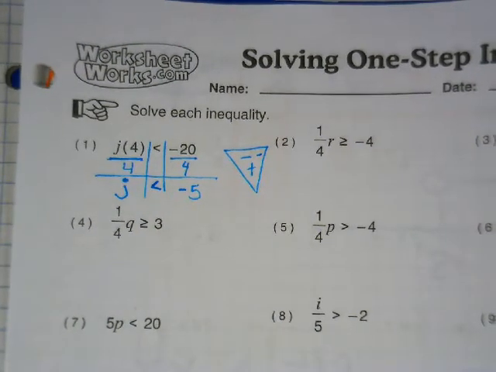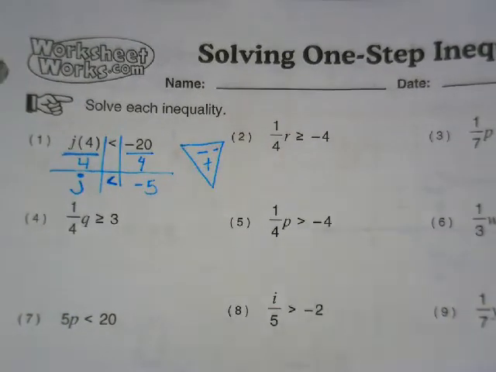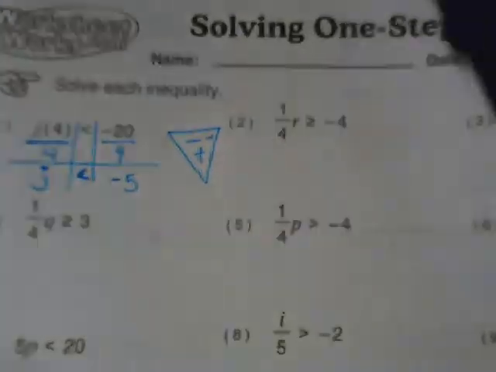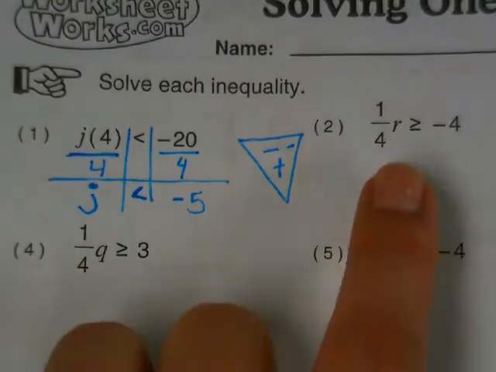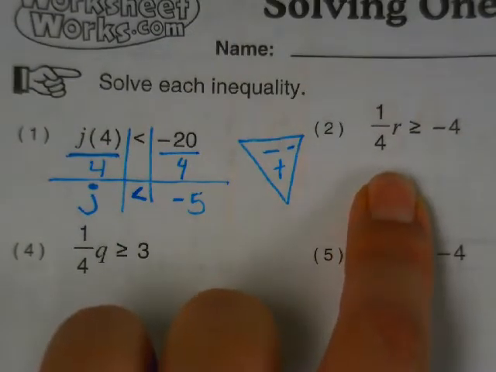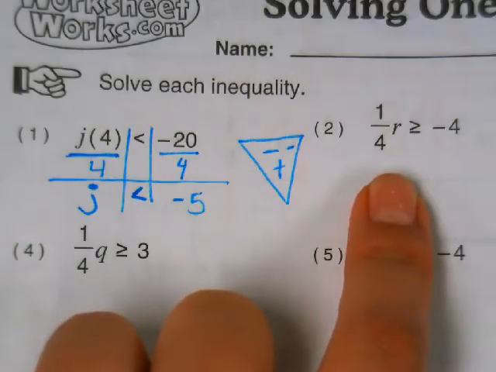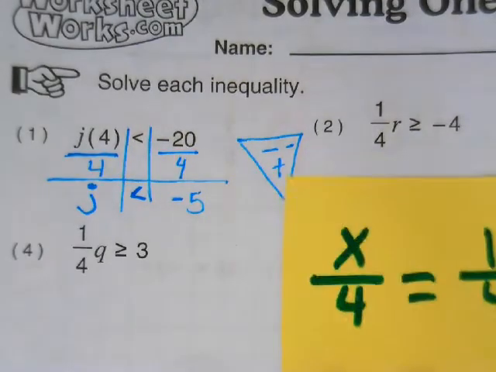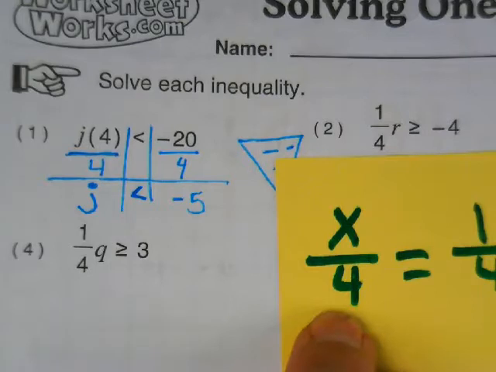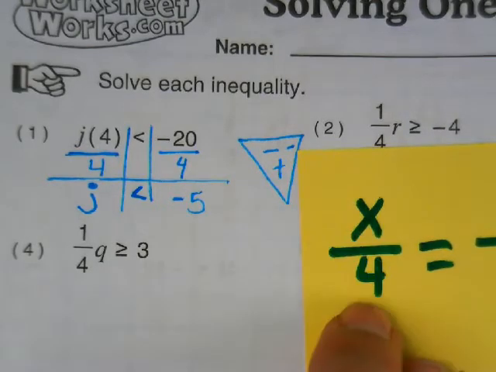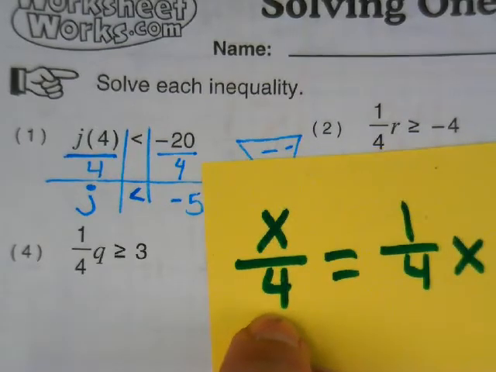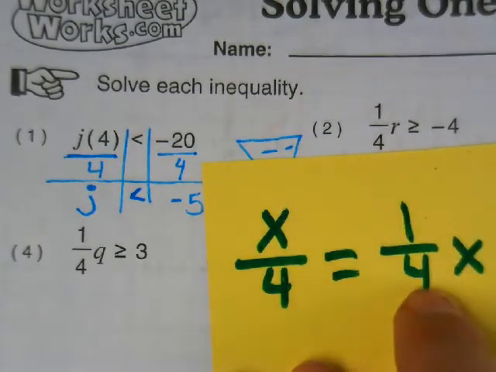All right, number 2. You see how it looks like a fraction? It looks very different than our notes. So when it looks like a fraction, it's really a division problem. So you're going to do the opposite. I write x over 4 in your notes. On this worksheet, they write them as 1/4 x.